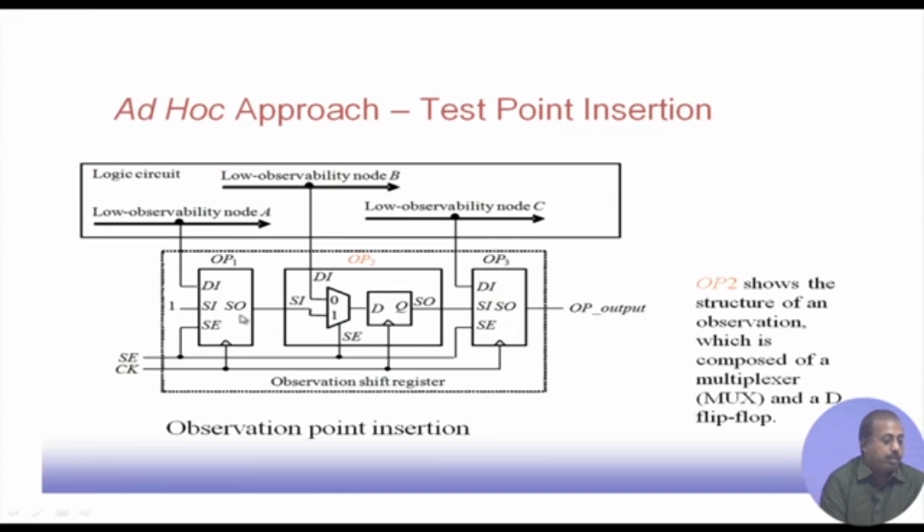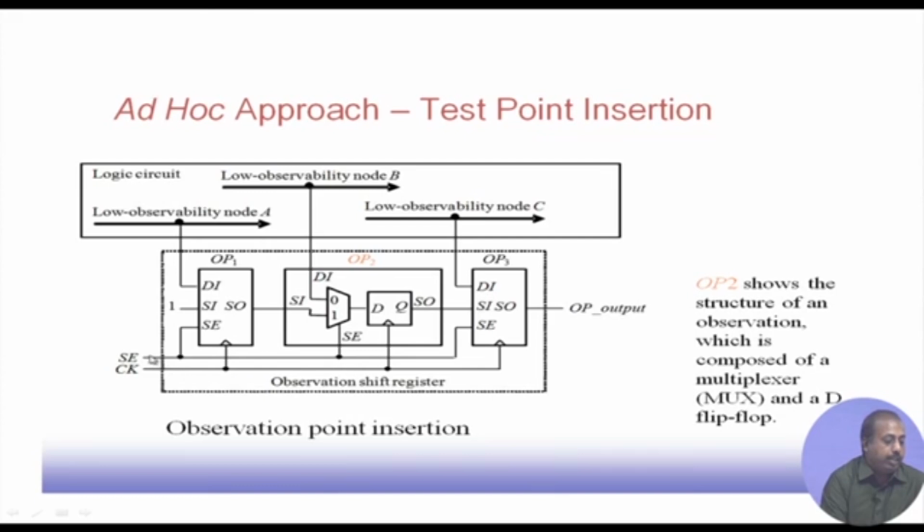Now, if we apply some clock, what will happen? These low observability points A, B and C will get captured onto the three flip flops corresponding to OP1, OP2 and OP3.